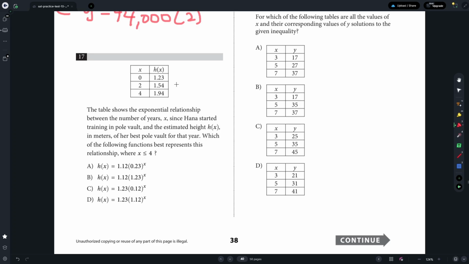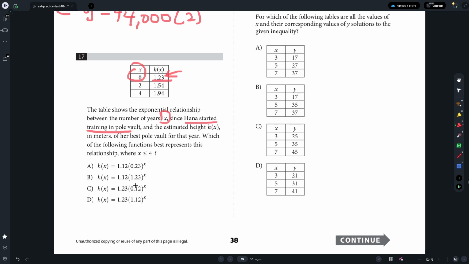So we can see here that at X equals 0, so at the very start, because it says between number of years X since Hannah started training, right? So X equals 0 is when she started. Her best pole vault for that year was 1.23, right?